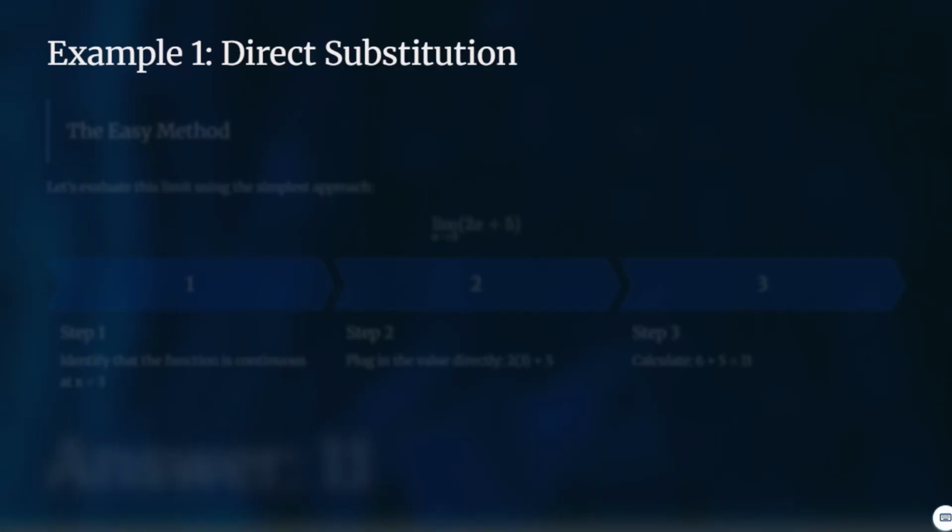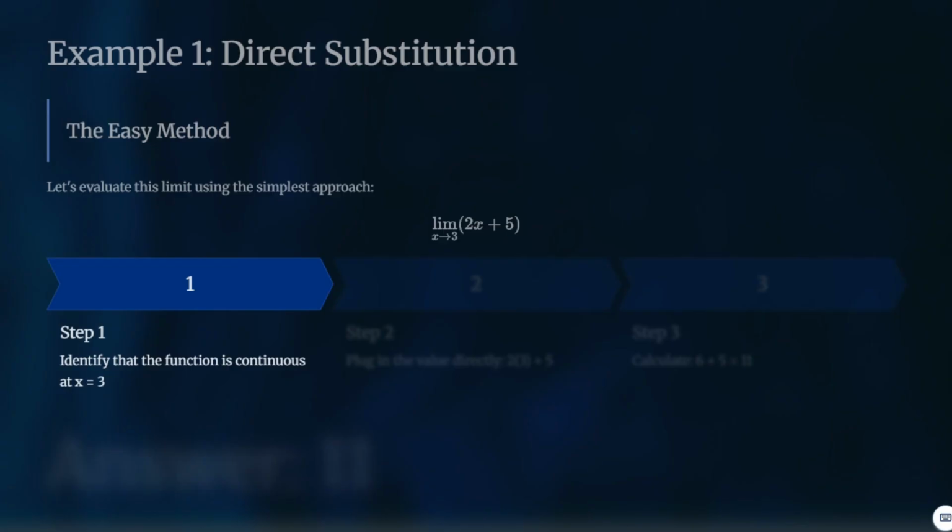Let's look at this first example. We will evaluate this limit: the limit as x approaches 3 of the function 2x plus 5. First, we can identify here that the function is continuous at x equals 3. 2x plus 5 is the equation of a line, so we know that is continuous.